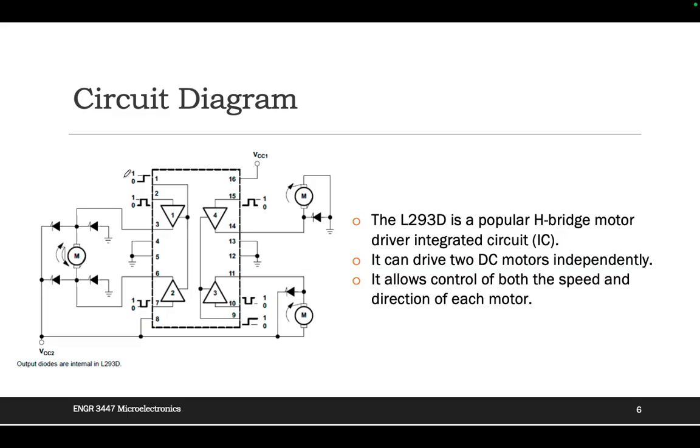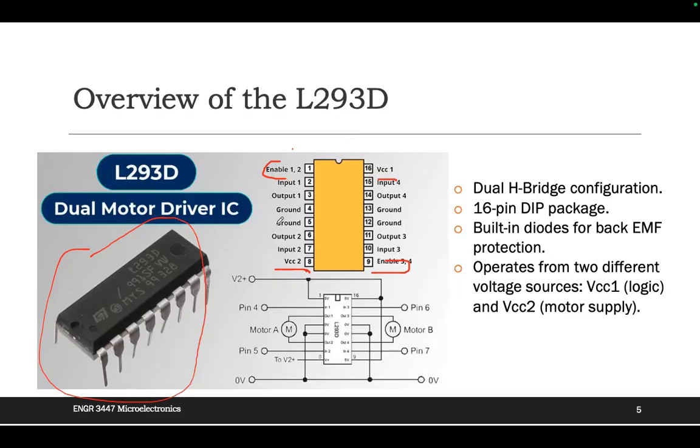The L293D chip is a popular H-bridge motor driver integrated circuit. It can drive 2 DC motors independently. This chip has 2 different H-bridge circuits.